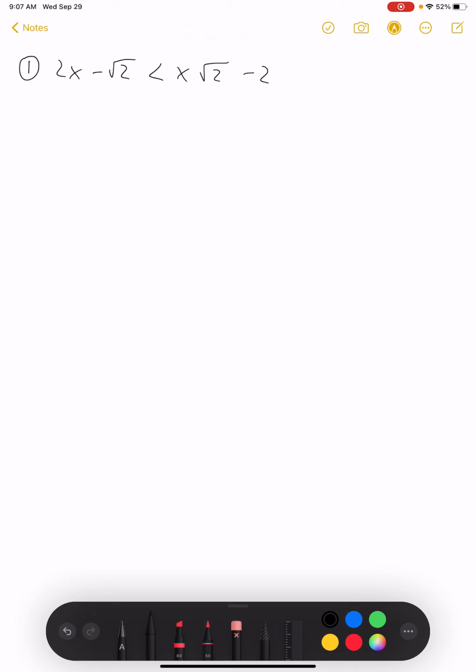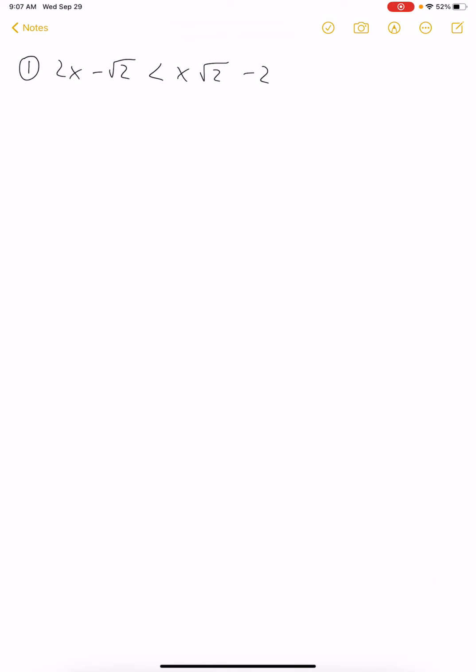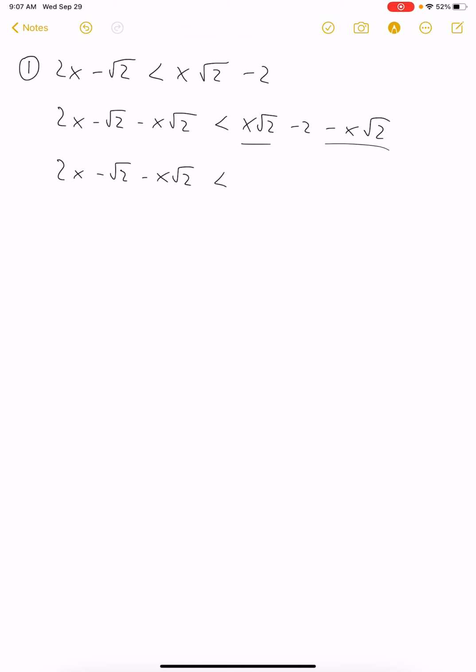So we will subtract x times square root of 2 from both sides of the equation, which means 2x minus square root of 2 minus x times square root of 2 is smaller than x times square root of 2 minus 2 minus x times square root of 2. So these two cancel, and we end up with 2x minus square root of 2 minus x times square root of 2 is smaller than minus 2.